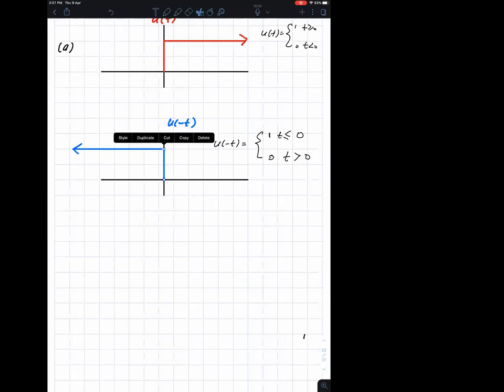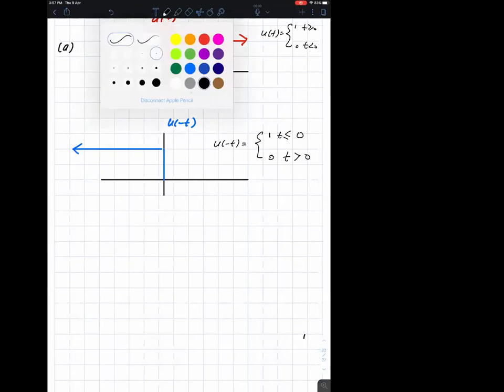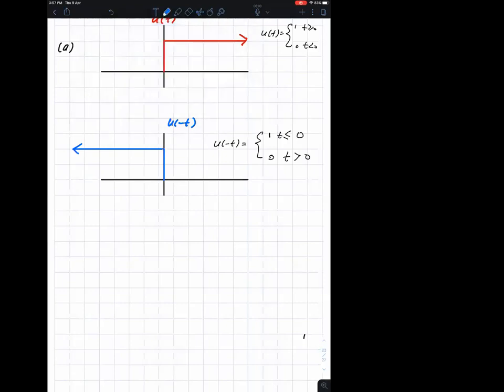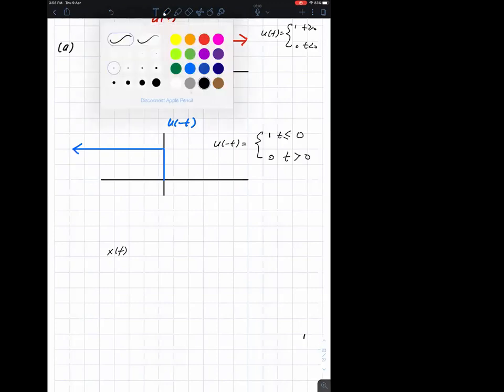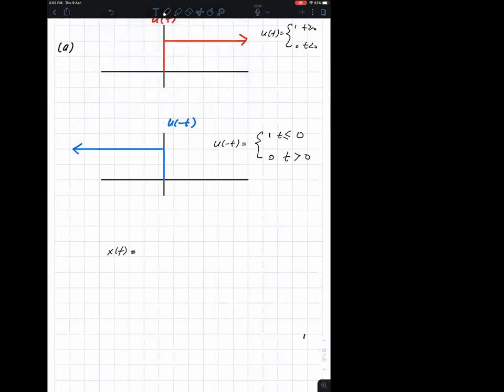Okay, another example of time inversion.